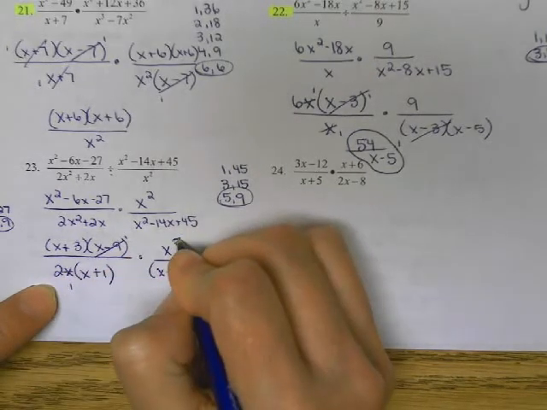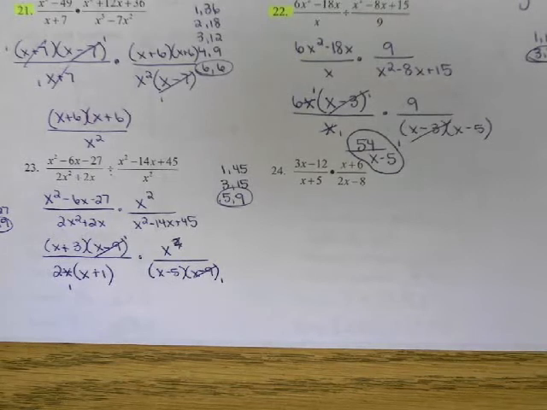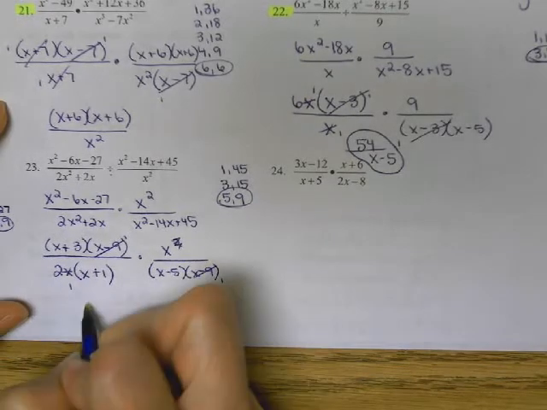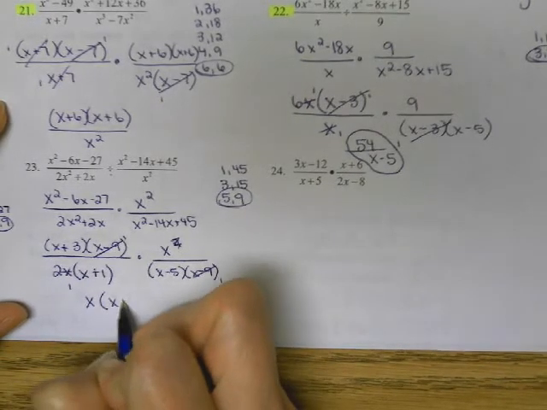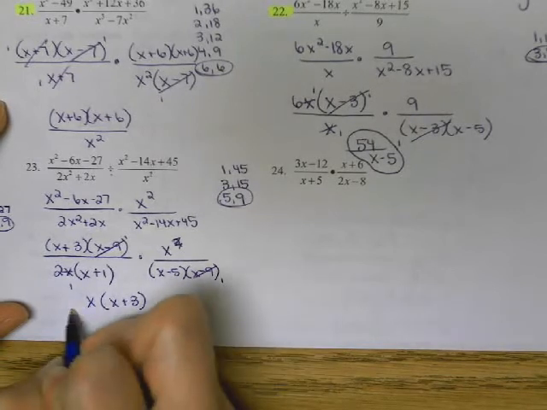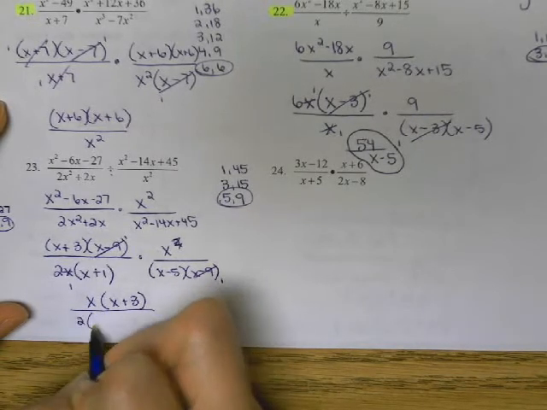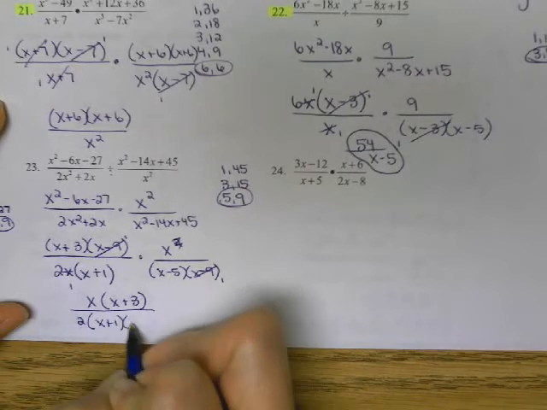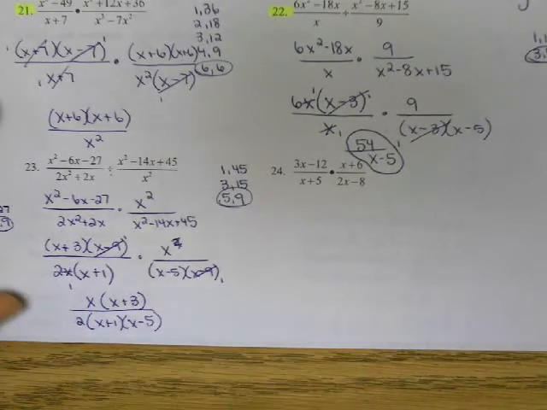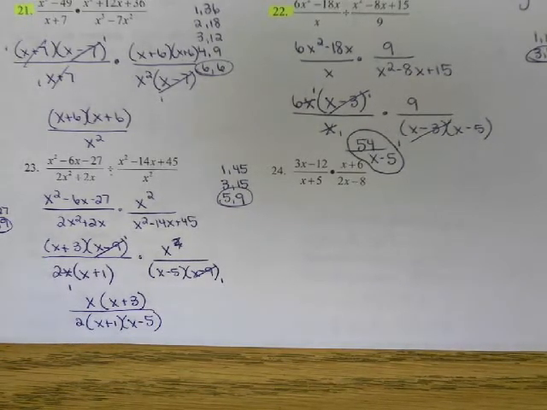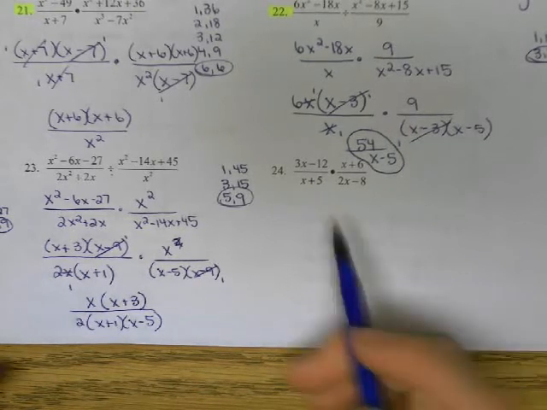So this x just gets rid of one of those x's, which means I'm left with an x plus 3, 2, x plus 1, x minus 5. Okay? And if I look, and I'm not sure if I have simplified everything when it's in this form, once I've multiplied them together, if I look to see if there's still any like terms, I could simplify it a little bit further from there.